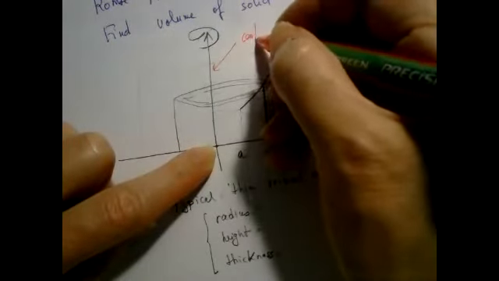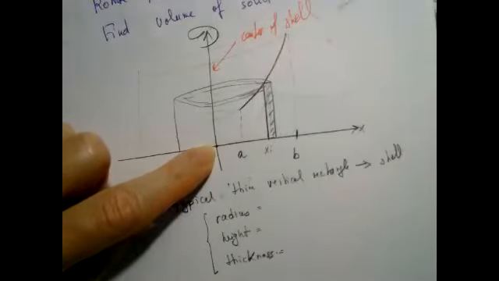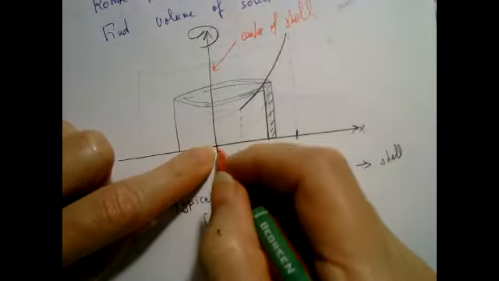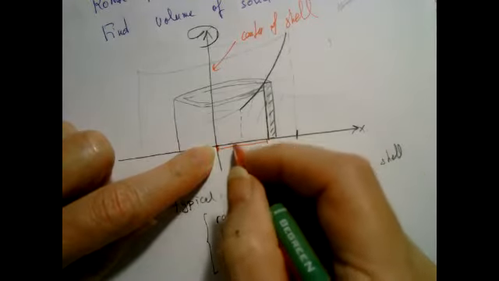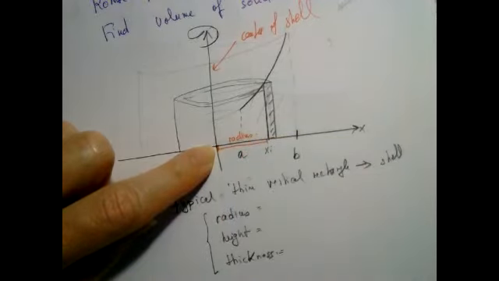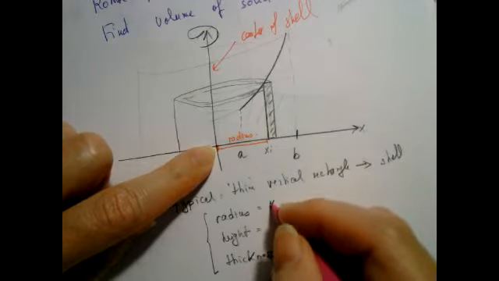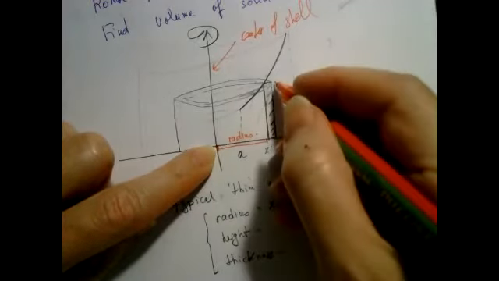That's the center of the shell. So my radius is going to be from here all the way to here. That's the radius. Again, the picture is the best thing in all those problems. Once you understand the picture, you're done. Now, what is my height?